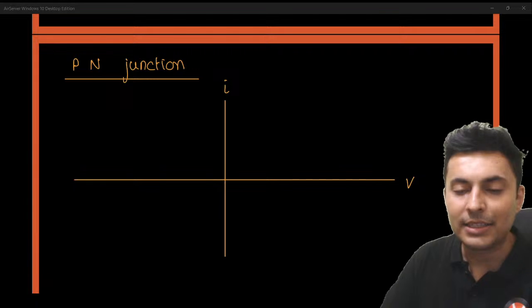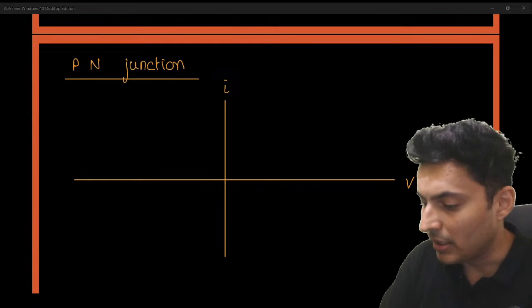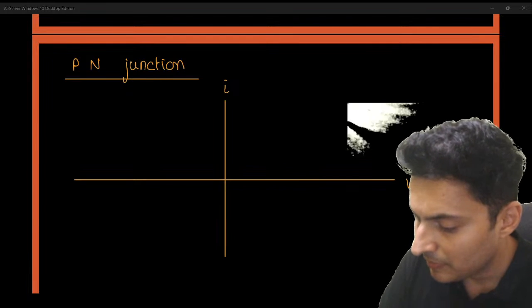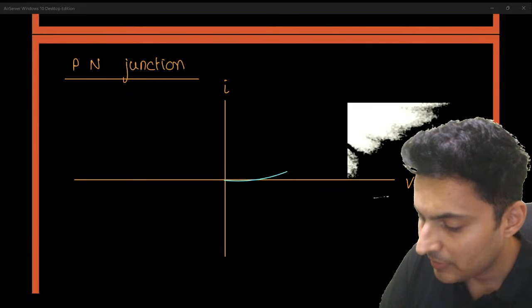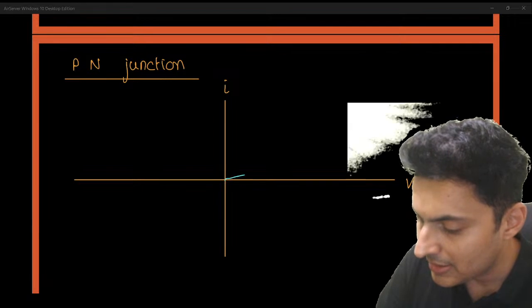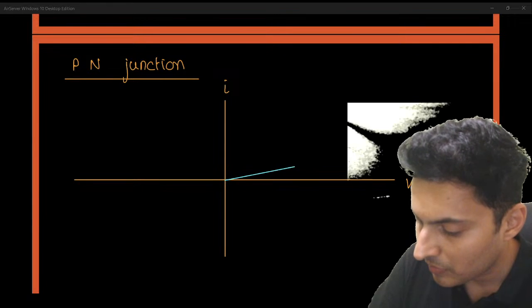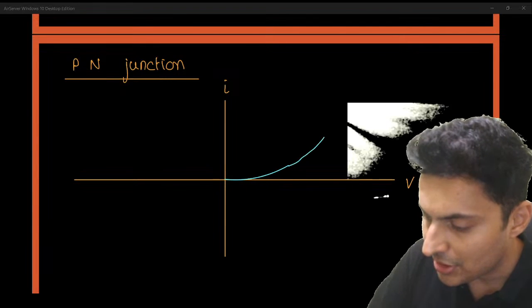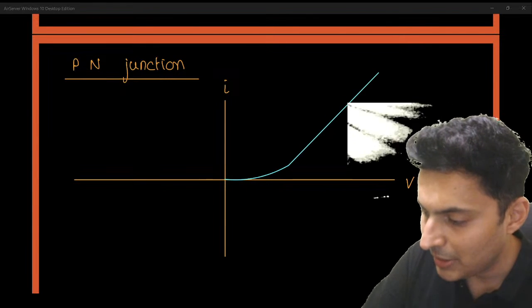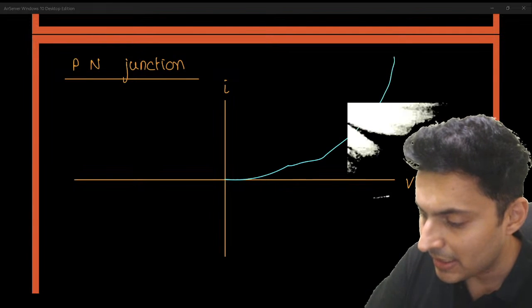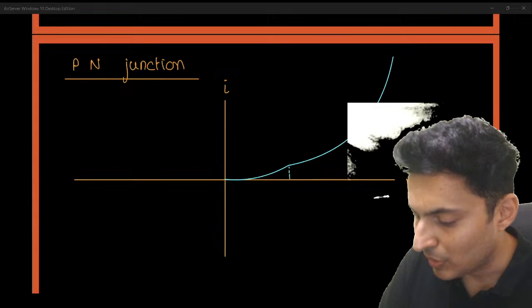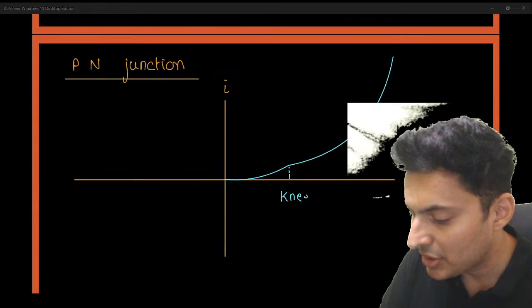Like this. The current is almost negligible till a certain voltage, and then the graph suddenly starts shooting up and you get really nice currents. This is also called your knee voltage.